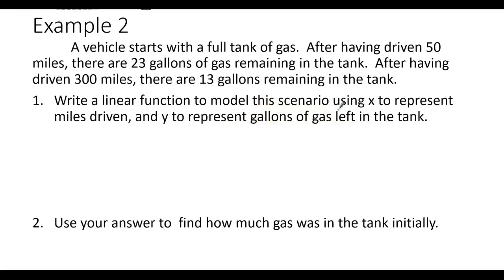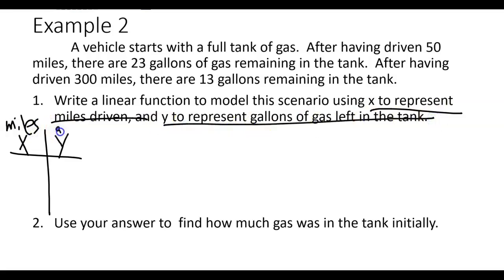All right, so the first thing that we're going to do is create a chart to organize our data. Remember, x represents miles driven, so I'm going to put miles above my x variable there, and y represents gas left in the tank. Now that I've got this little chart set up, I'm going to take the numbers that they gave me in this word problem and put them in the chart.